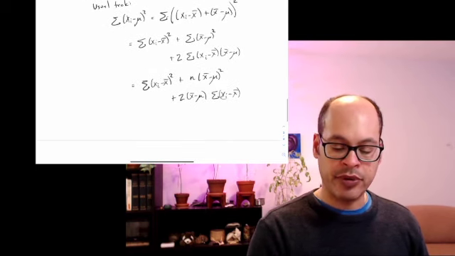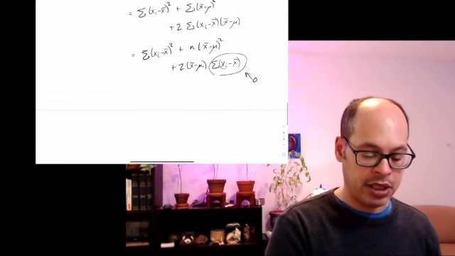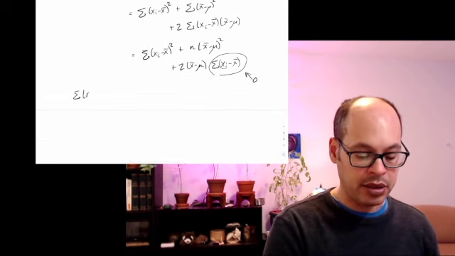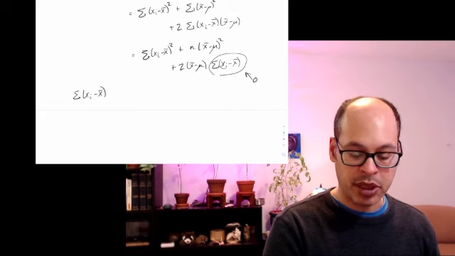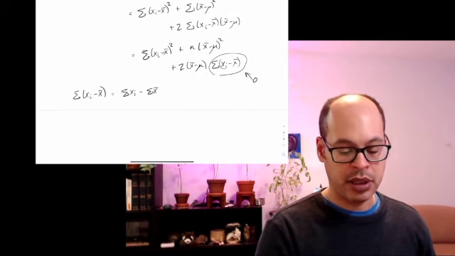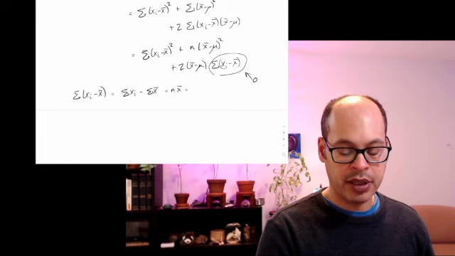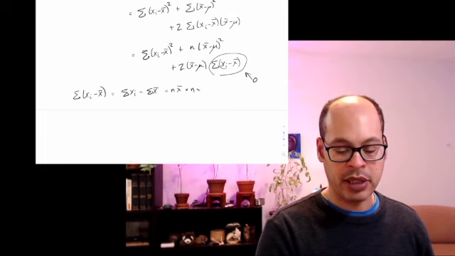And then what we find is that this sum is actually 0, because if I just do that off to the side, xi minus x bar, this is the sum of the xi's minus the sum of the x bar. I mean, the sum of the xi's is n times x bar, and because I just have n x bars, that's 0.